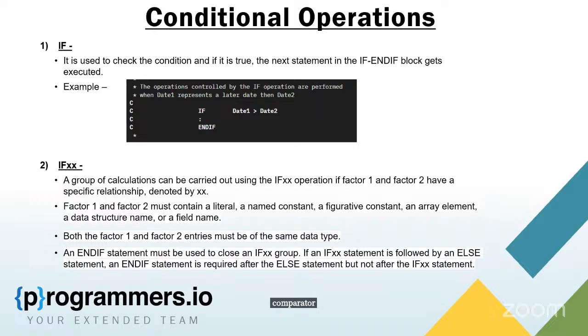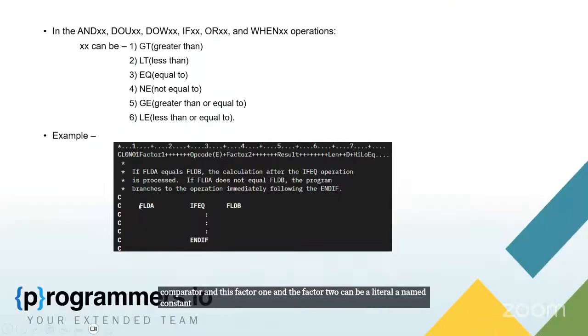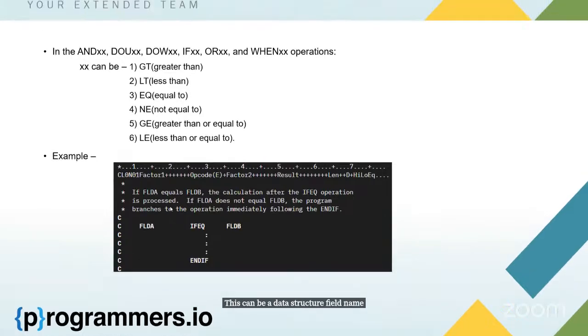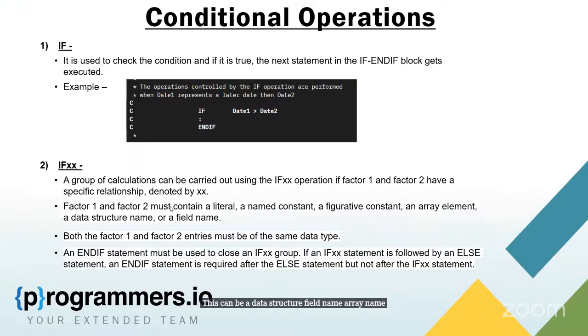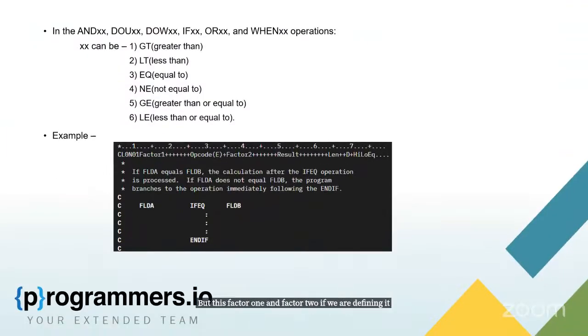Factor 1 and factor 2 can be a literal, a named constant, a figurative constant, a data structure, a field name, or an array name, and they should be of the same data types.